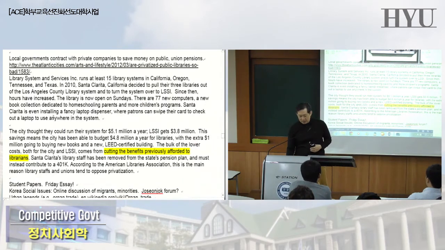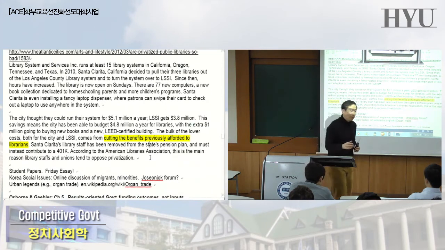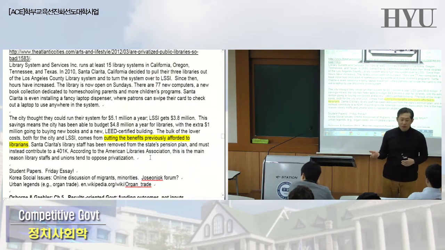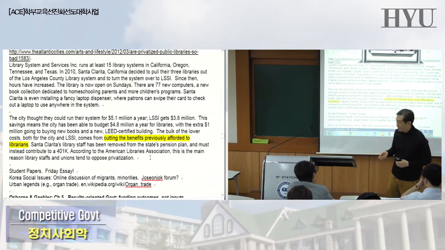Instead of running it for $5.1 million, they can get a contractor to run it for just 3.8. That's almost 40% off. By giving it to private contractors, they can save a lot of money, and they can use that money to buy better computers and more books.